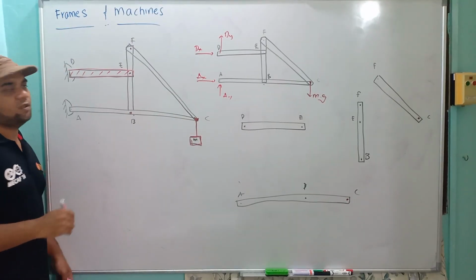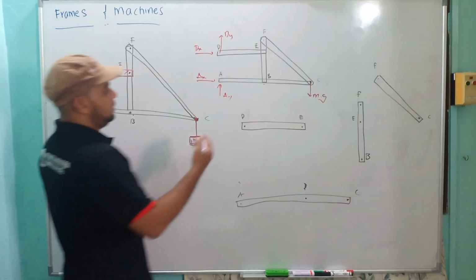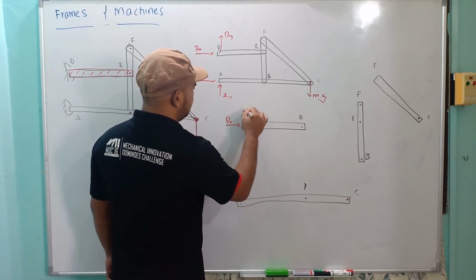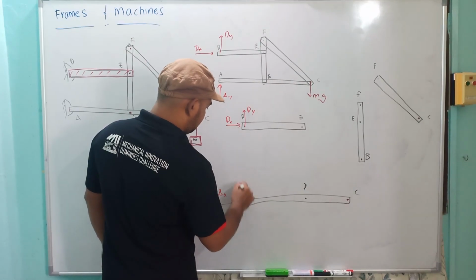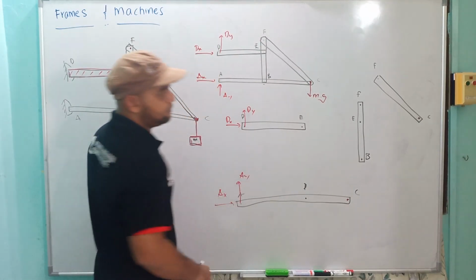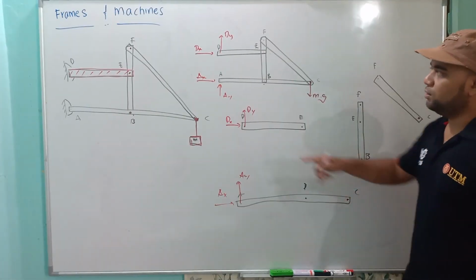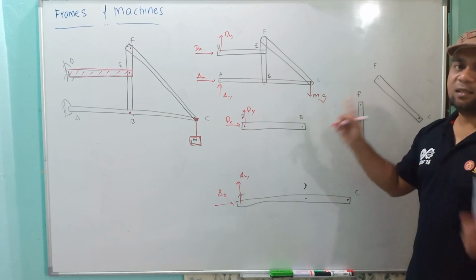That's all for the overall free body diagram. Then we transfer it to the components, so we have Dx, Dy, Ax, Ay, and mg. You can see that we only transfer once, not 2 times.